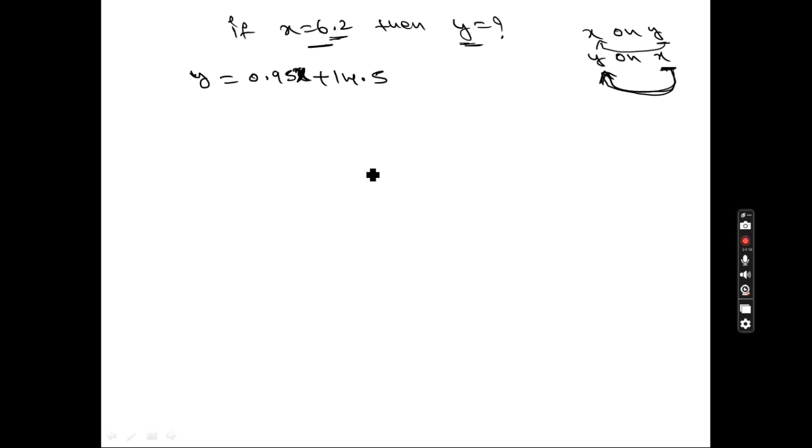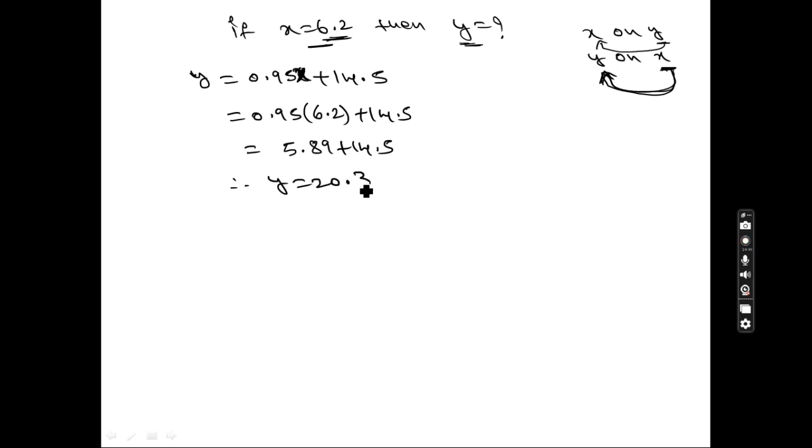Here x is given as 6.2. In place of x you replace the value 6.2, plus 14.5. So this will become 5.89 plus 14.5. Therefore y is equal to 20.39 you will get. So this is the problem.